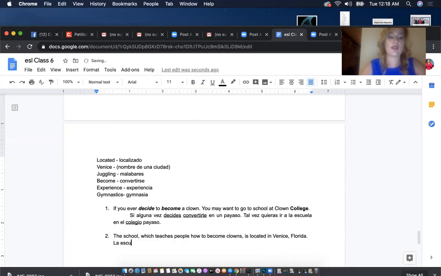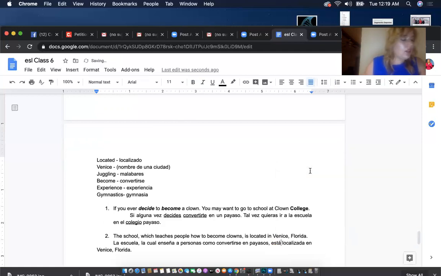La escuela cual enseña a personas cómo convertirse en payasos está localizada en Venice, Florida. So we have located, and Venice.